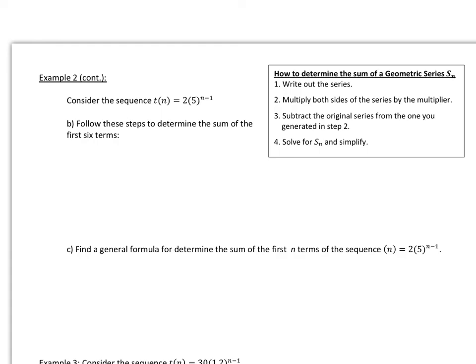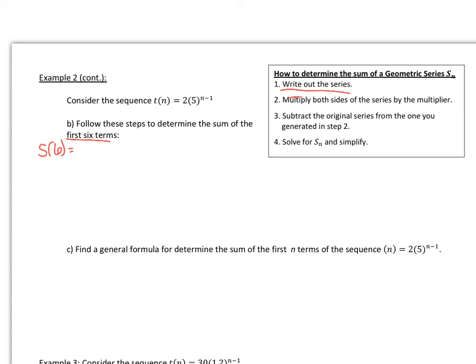So we're going to begin by writing out the series. So we are told to find the sum of the first 6 terms, and so following step 1, we're going to write out the first 6 terms. So that would be S of 6, so that's just the notation for the summation of the first 6 terms. And then again, like we did on the last page, we'll just write those out.